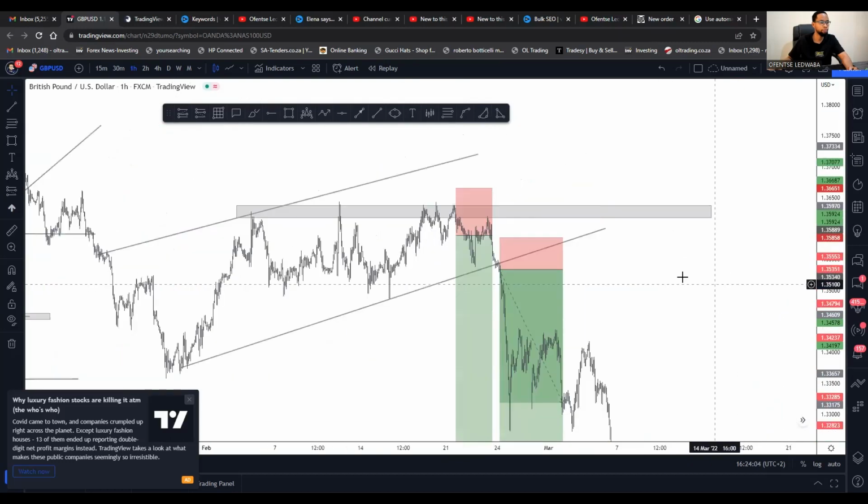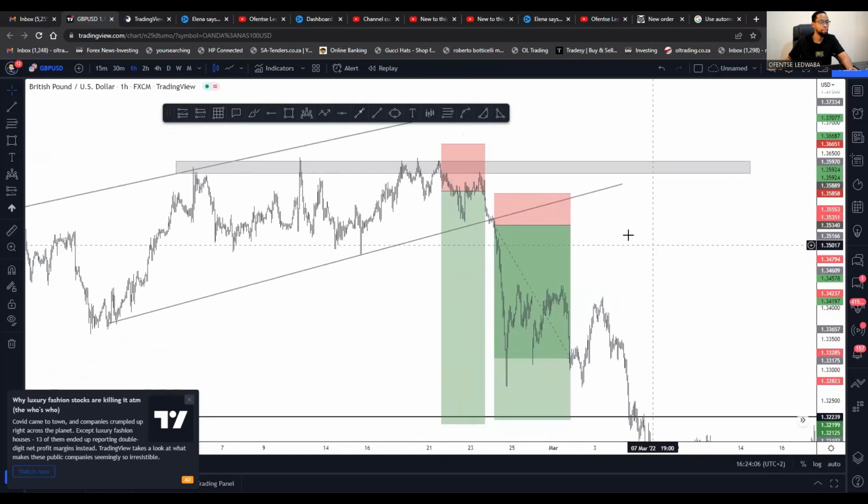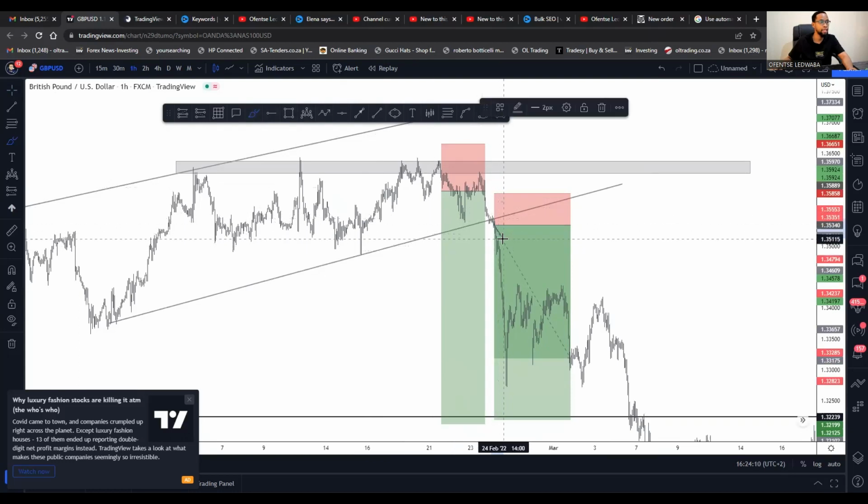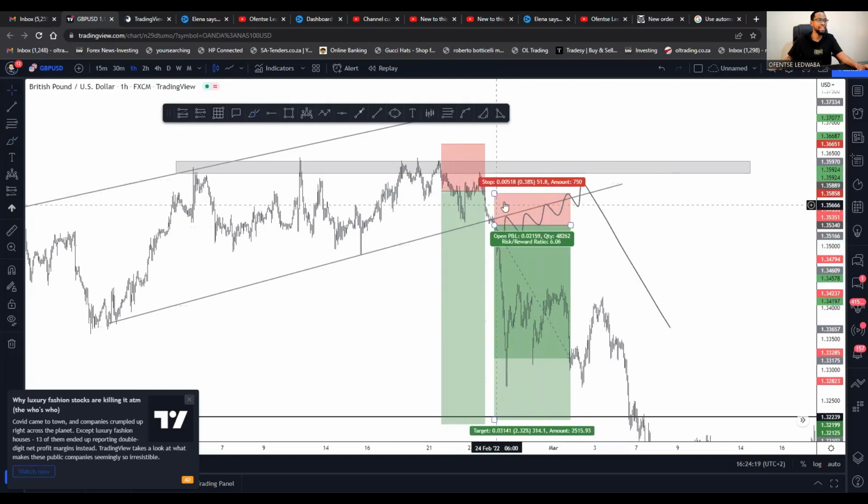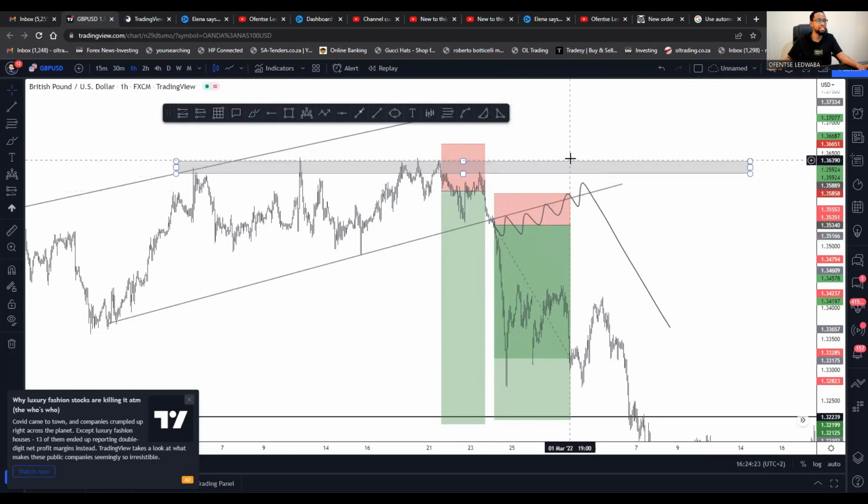Let me show you. The market can move in this manner. It can break and then correct. Then they would kick you out because your stop loss is too close. This level is still our highest resistance.